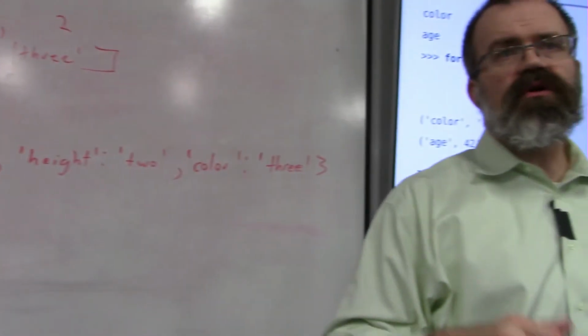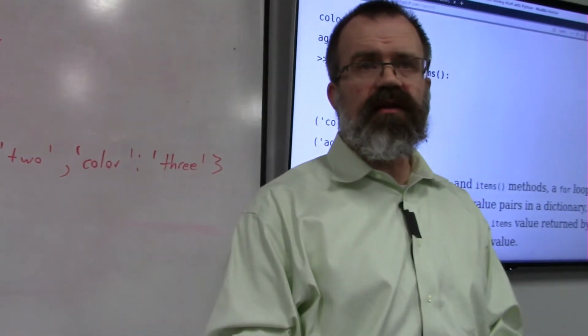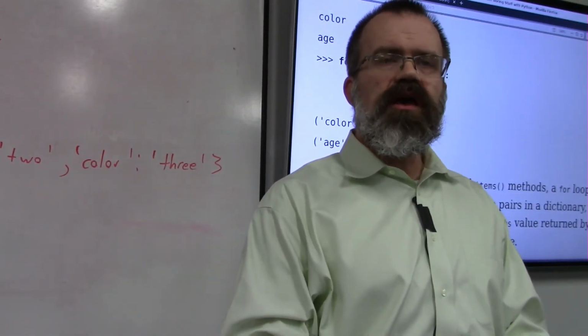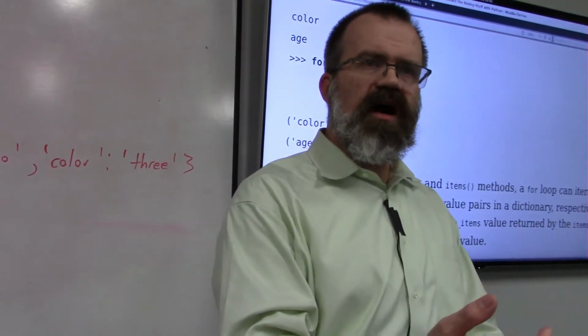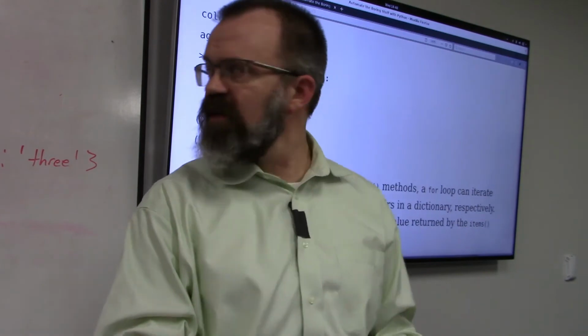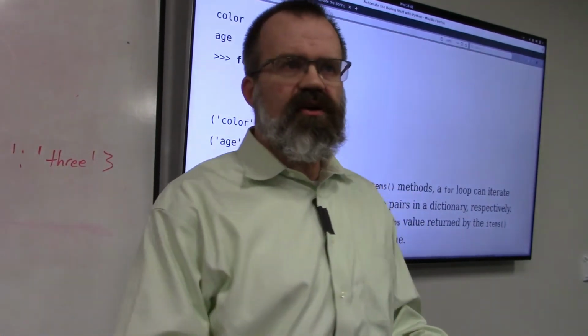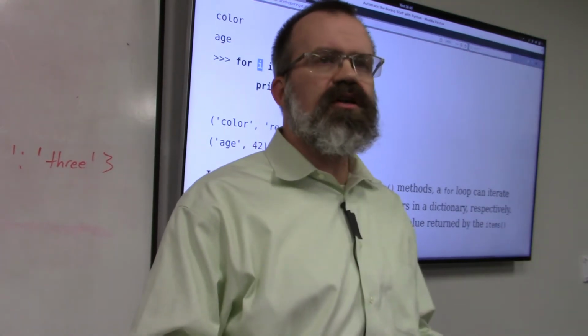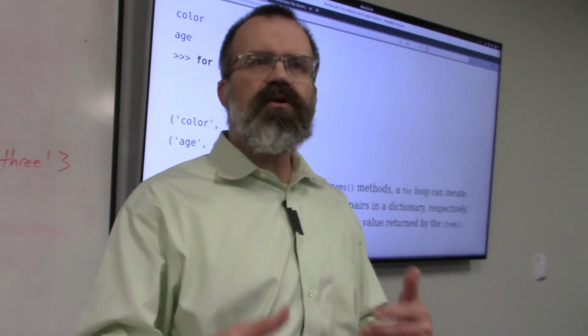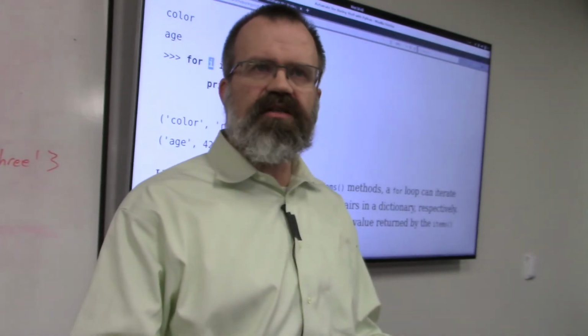And so if your data naturally needs a label, you probably should reach for a dictionary. If you were going to name this item, it's much harder if you wanted to remember that, say, all ages are at index 2. Instead, just use a dictionary and have an age there. And then that way you could just pull the age out of the dictionary.